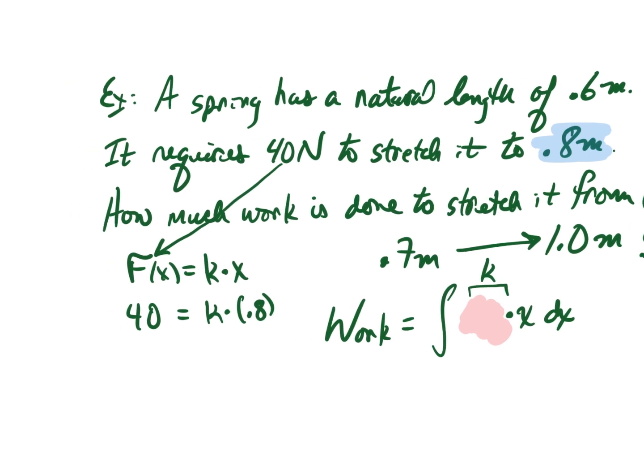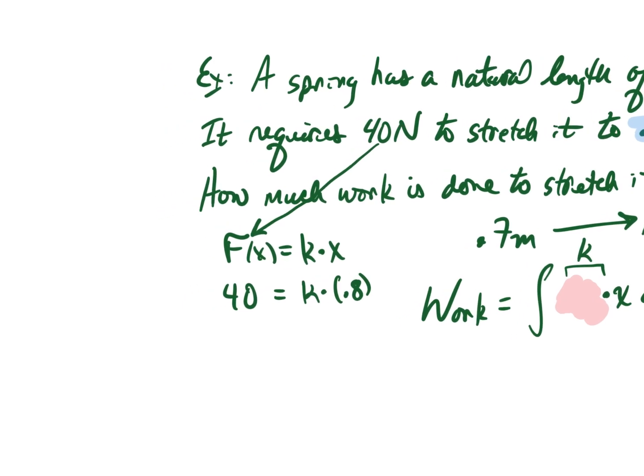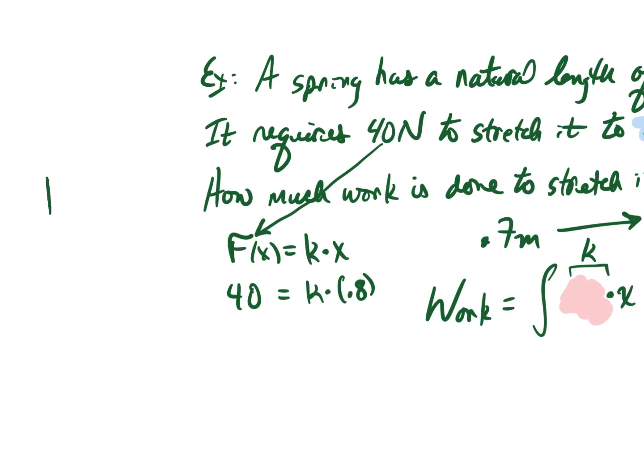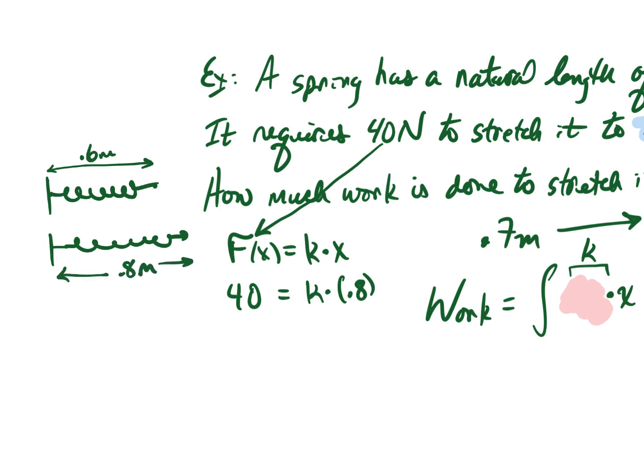if I slide this over a little bit so I have some room to work, the spring originally has a length, right? The at-rest state, the spring has a length of 0.6 meters. Now our 40 newtons of force are required to stretch that to 0.8 meters.